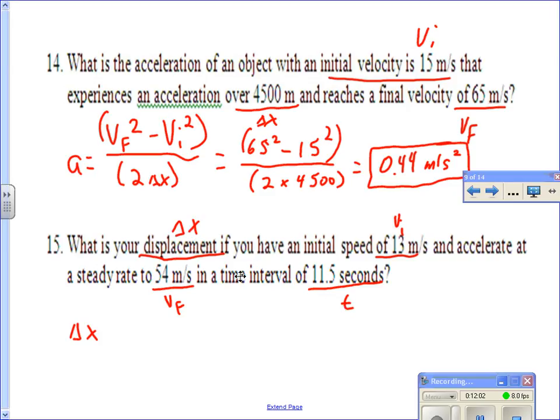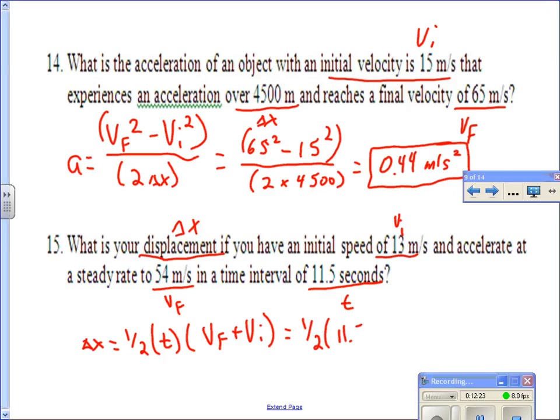So I look for the equation that has that, and I end up with delta x equals 1/2 times t times (VF plus VI). So 1/2 times 11.5 times (54 plus 13).